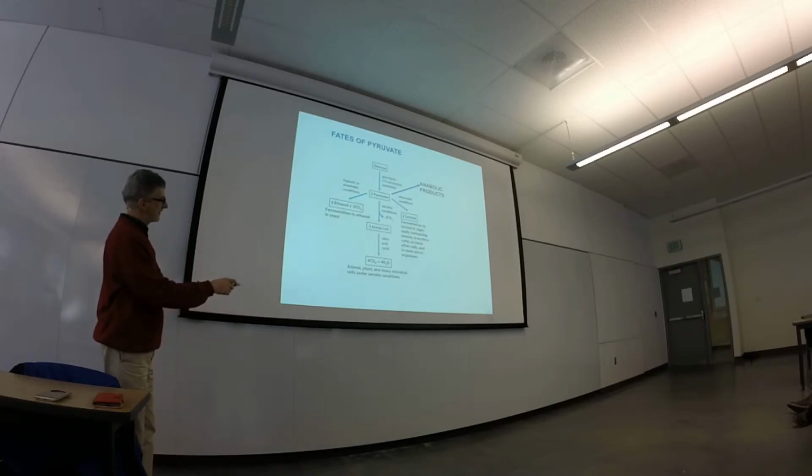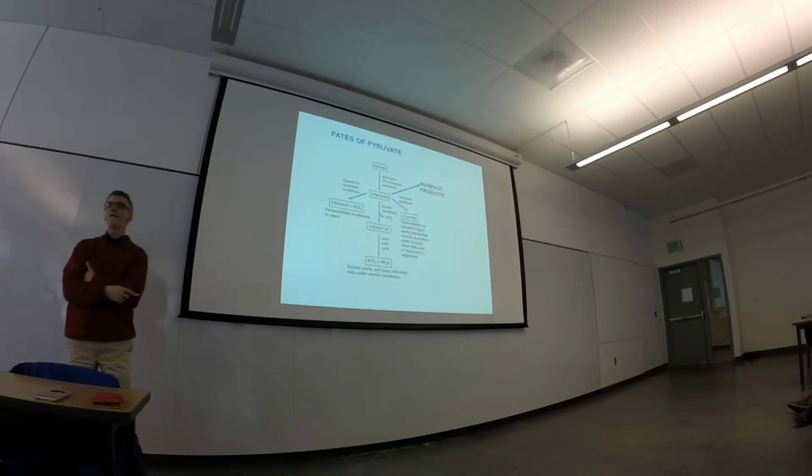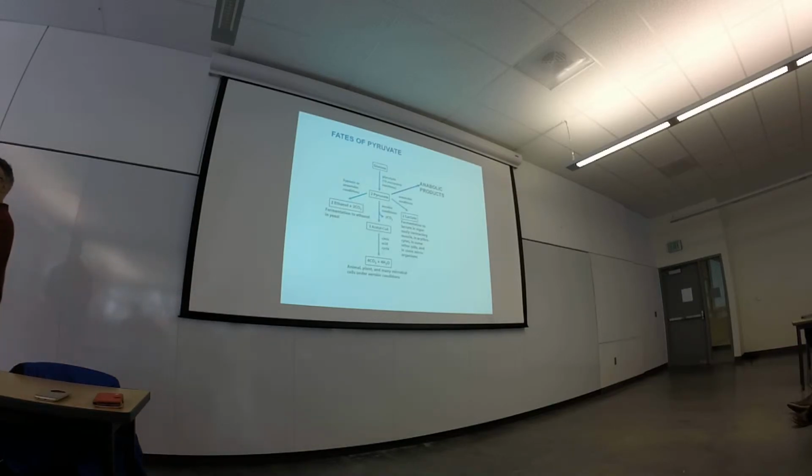The ultimate products are the complete oxidation to CO2 and the generation of a lot of NADH and FADH2, which goes on to make a lot of ATP. So that's a picture of a significant portion of the future weeks of the class, where we're going.